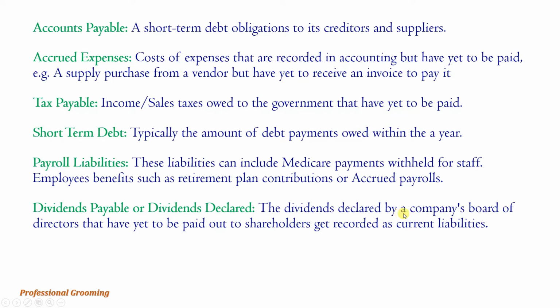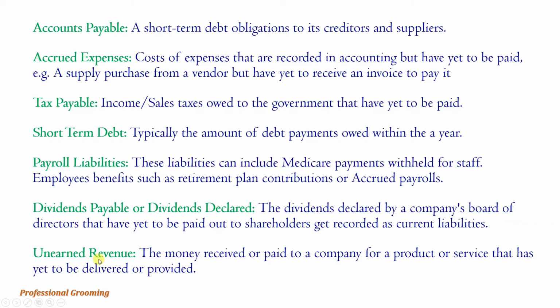The dividends declared by a company's board of directors that have yet to be paid out to shareholders get recorded as current liability. Unearned income or unearned revenue. The money received by a company for a product or service that has yet to be delivered. We have received some money from a customer, but the product is not yet delivered, so that is also our current liability.